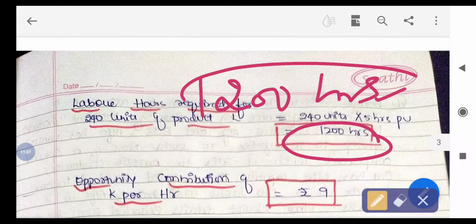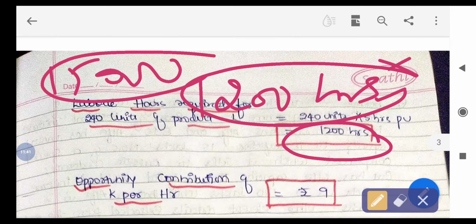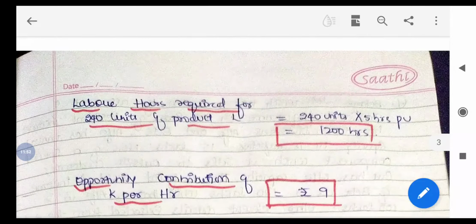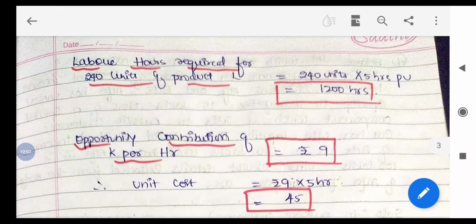But these hours are not available as the limited factor is only 15,000 hours, which is already used up. So this is the case of division A. Division A can provide only 360 units, and for 240 units division B has to choose another option.